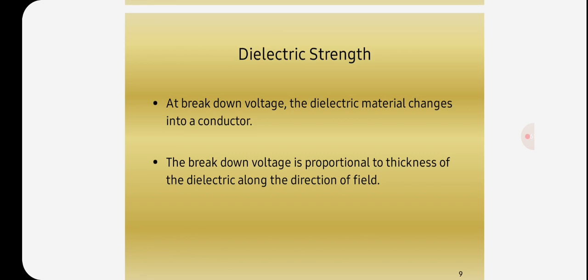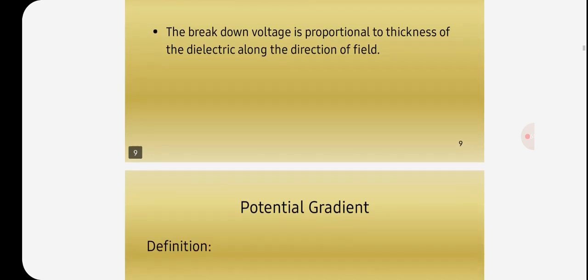At breakdown voltage, the dielectric material changes into a conductor. The breakdown voltage is proportional to the thickness of the dielectric along the direction of the field.